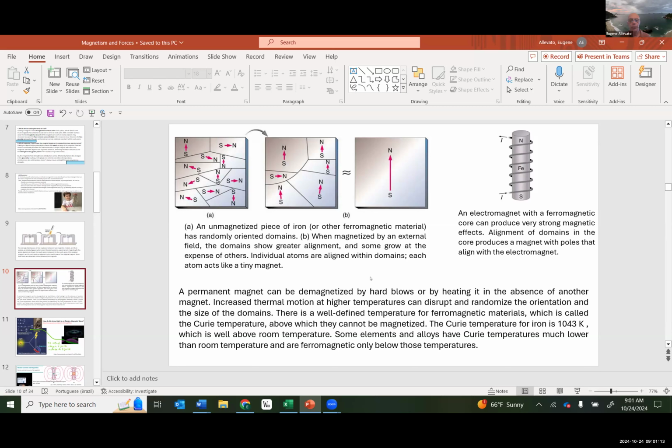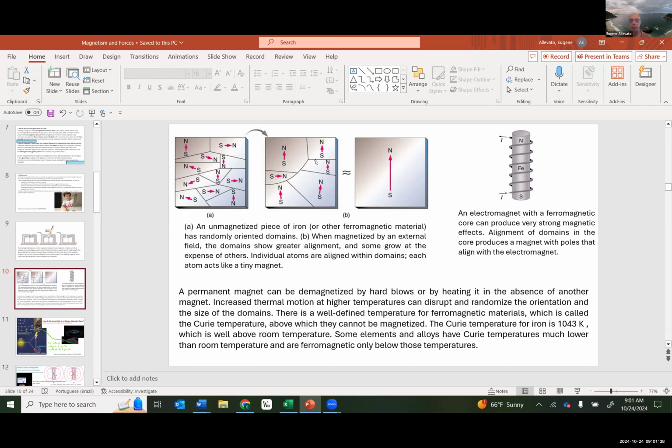And as I expose them to a strong magnetic field, they move from one situation to the other. On the far left, you see everything not very organized, right? And on the far right, you see everything in one direction.